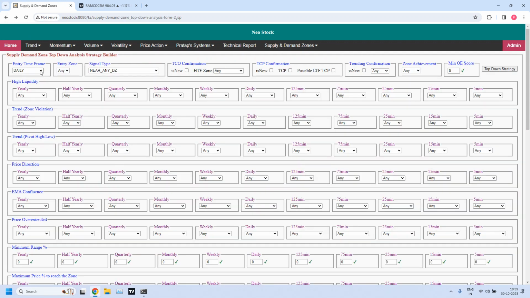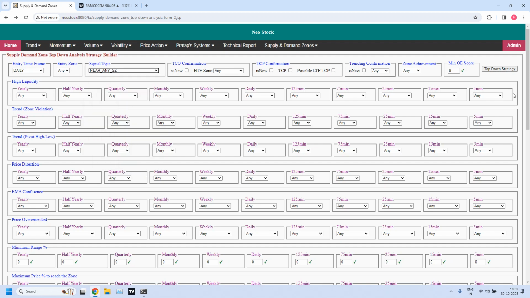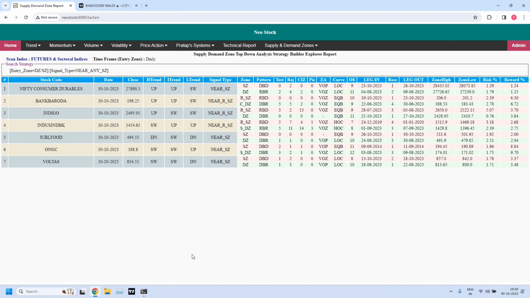For entry time frame daily, let us find the stocks which are near to the daily supply zone. Any high liquidity supply zones? Bank of Baroda is there. It is a high liquidity supply zone and a fresh high liquidity supply zone.